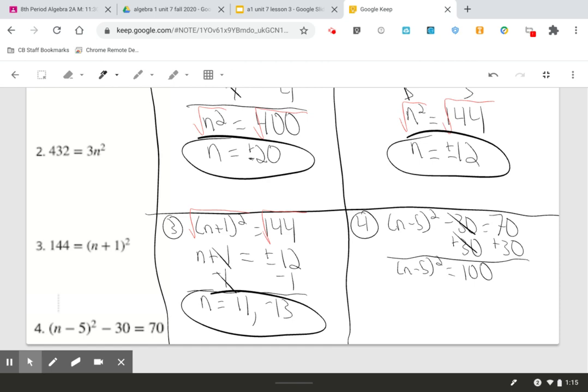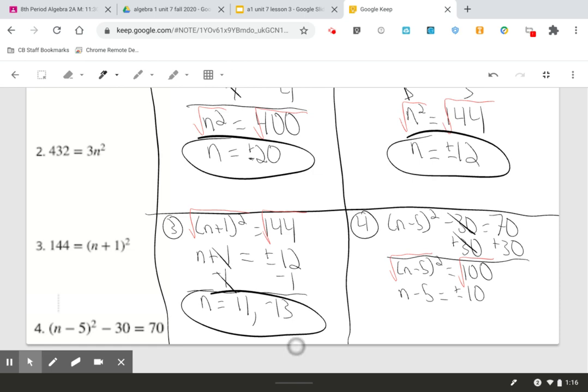Now I can go ahead and take the square root of both sides. Once again, square root will cancel out squared, so I'll have n minus 5. The square root of 100 is going to be positive and negative 10. So plus and minus 10.